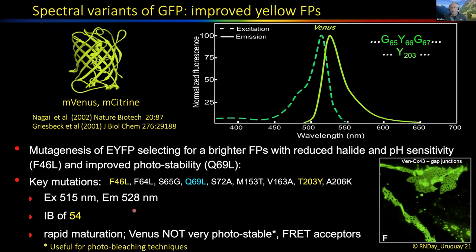This yielded a very bright yellowish green fluorescent protein with intrinsic brightness 54. It matures rapidly. Importantly, Venus is not terribly photostable, but this is an important characteristic. You can use it for things like acceptor photobleaching FRET. So if you need to use a protein that you're going to bleach, this is a good one to use, and they're excellent FRET acceptors.